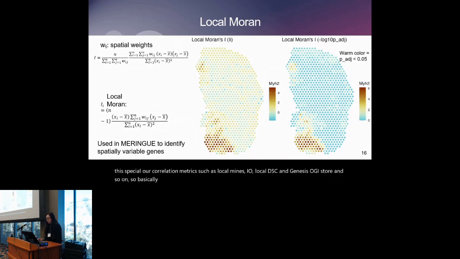Basically, local Moran's I is the contribution of each spot or each location to global Moran's I, and here from local Moran's I we can see that the positive values are the more homogeneous regions, and the negative values are the more heterogeneous regions for this gene, myosin heavy chain 2. Again, for the local metrics, we can also perform Monte Carlo simulations, and there are also analytical p-values.